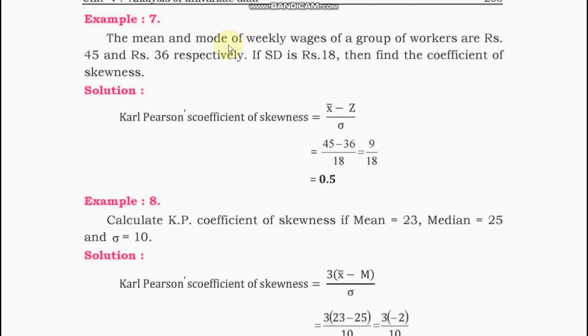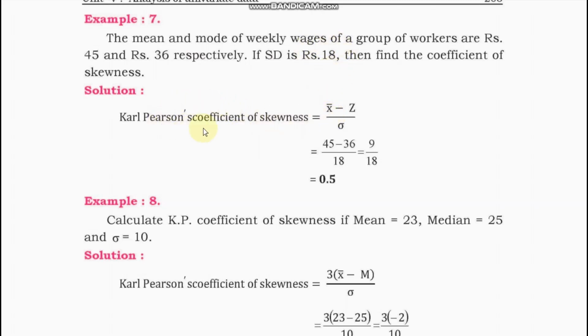The first problem is: the mean and mode of weekly wages of a group of workers are rupees 45 and 36 respectively. If the standard deviation is rupees 18, find the coefficient of skewness. For a distribution, they have given you the mean value, the mode value, and the standard deviation value. We just have to apply the formula and get the result. Mean is 45, mode is 36, and standard deviation is 18.